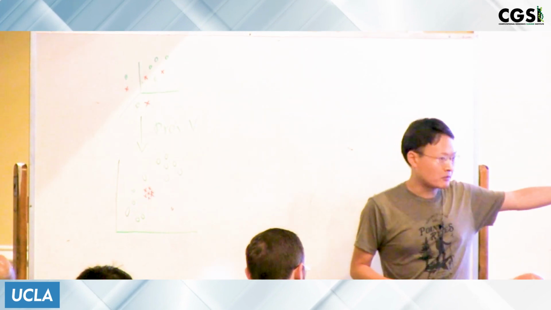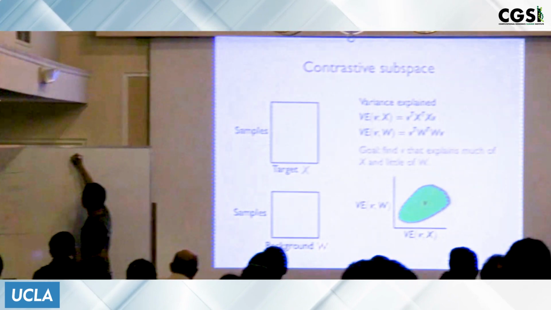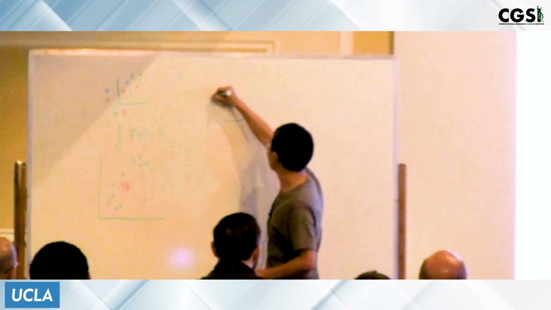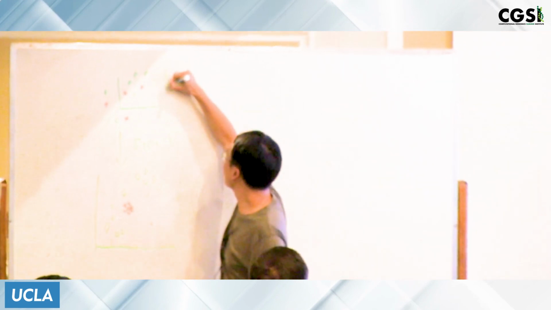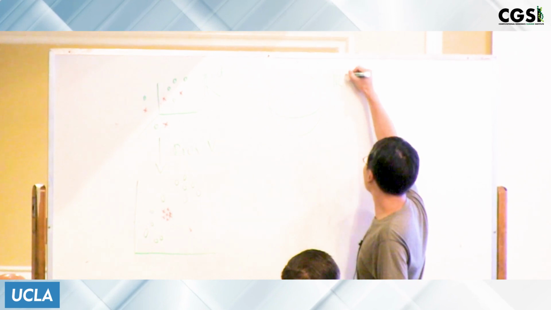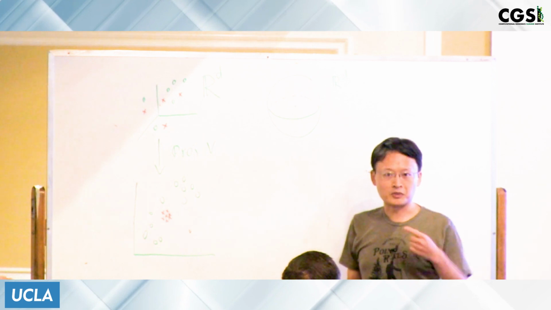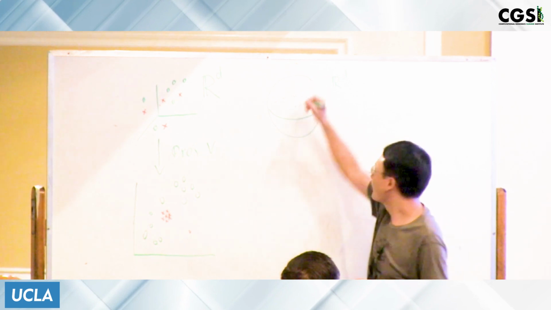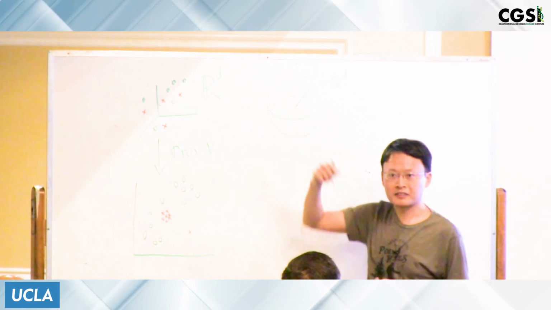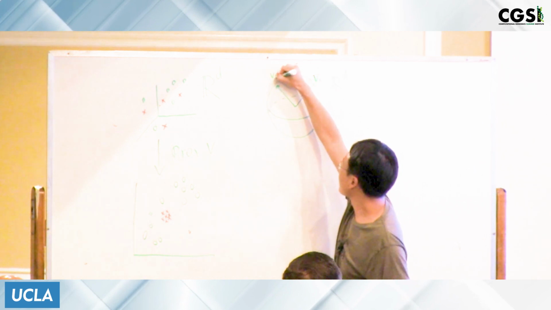Okay, let me explain what the bottom graph is. I have many choices of possible directions, possible subspaces to use. That corresponds to picking any of my unit vectors in this d-dimensional space: V1, V2.